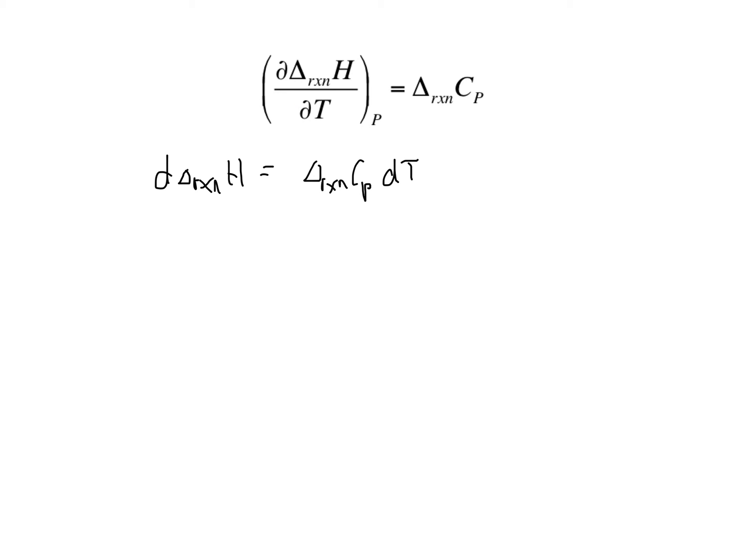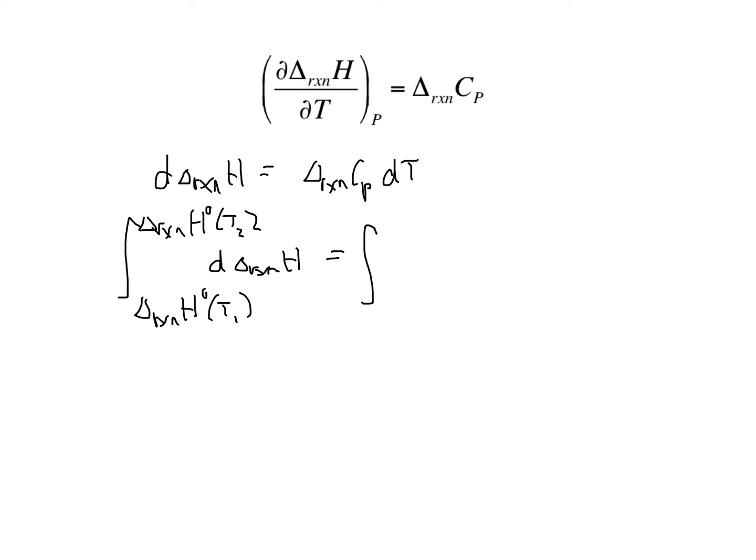And so when I do this integral, I'm going to integrate from my standard state, or someplace that I know the reaction enthalpy, to the temperature at which I want to know my reaction enthalpy. So my right-hand side of my integral goes from T1 to T2, delta C sub P of the reaction, dT.